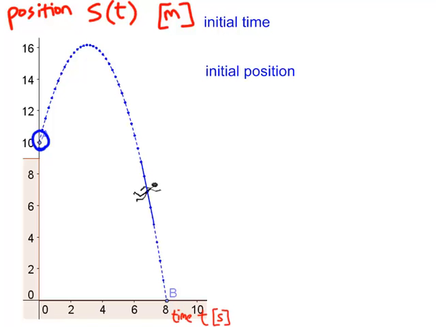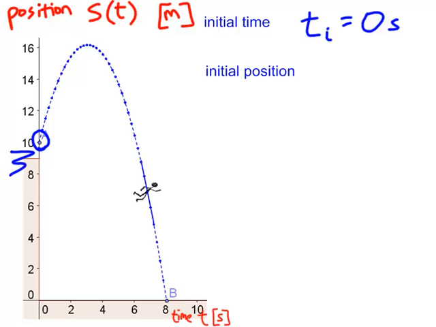By definition, his initial time is 0 seconds. That's where the stopwatch starts. Let's say that's T subscript I for initial. We could also use T subscript 0. Not a big deal. I'm not too picky.